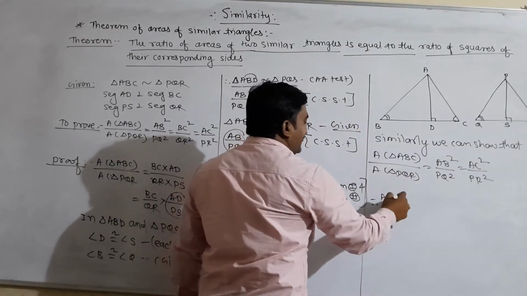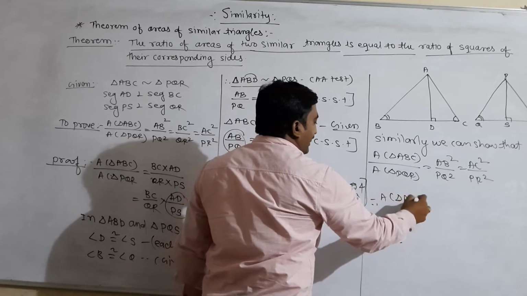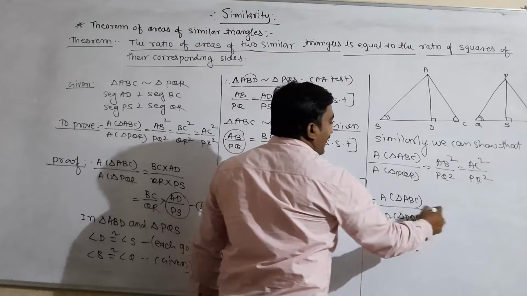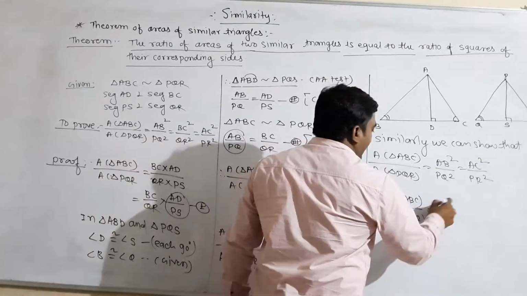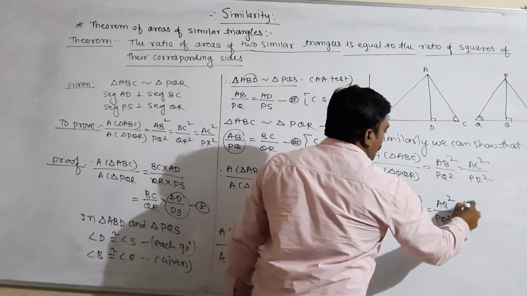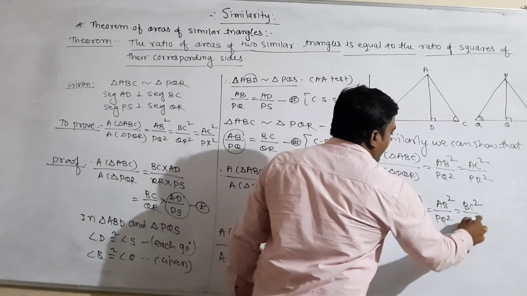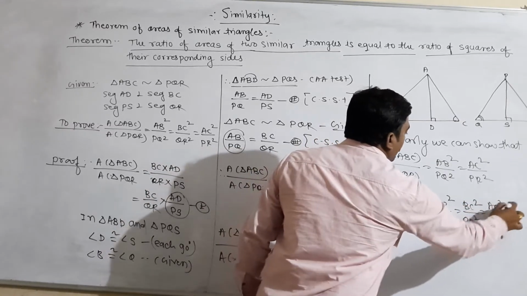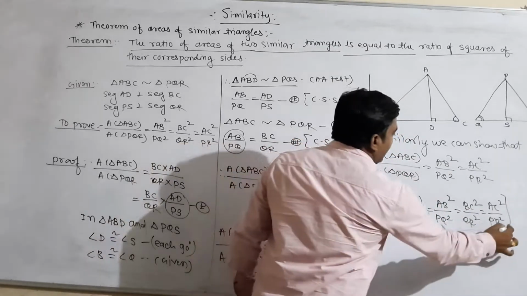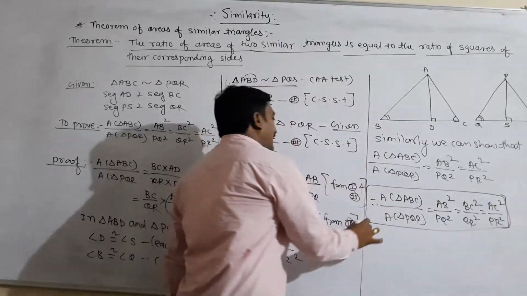So we can write as it is area of triangle ABC divided by area of triangle PQR is equal to AB square divided by PQ square is equal to BC square divided by QR square is equal to AC square divided by PR square. So we can say that, hence the proof.